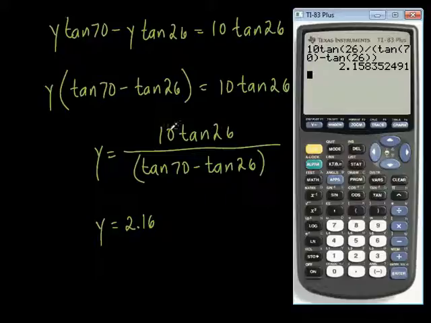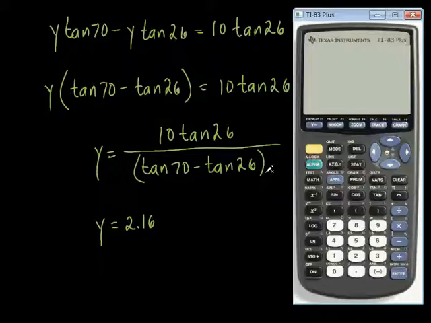You can do either way. Listen to me. That gives you whatever the tangent of 10 times the tangent of 26. Then you hit divide. Then you hit a left parentheses. Then you hit 70 tangent minus 26 tangent. Close the parentheses. Put a right parentheses. Hit equals, and you should get 2.158.